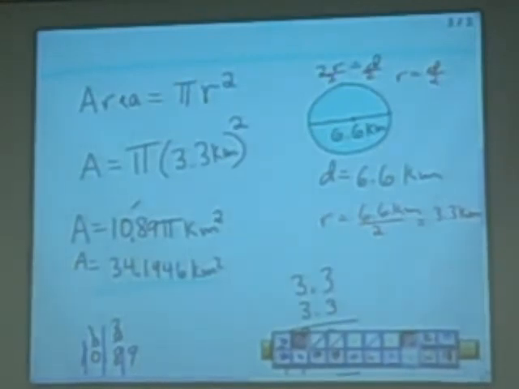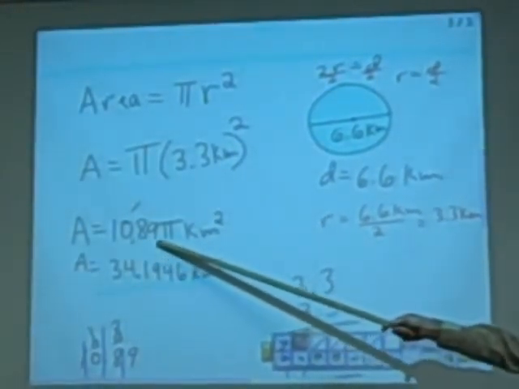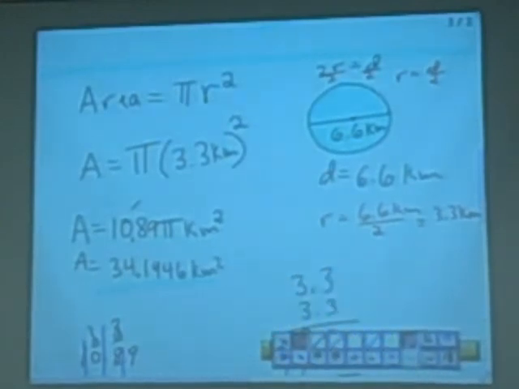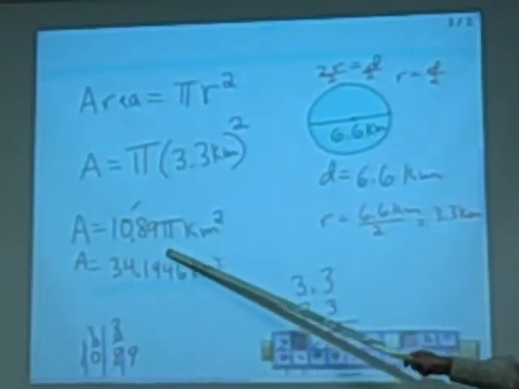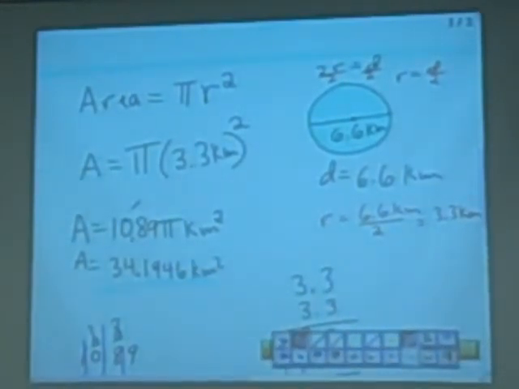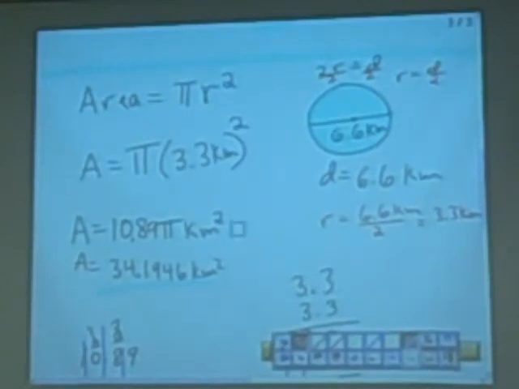We can't just put 10.89, punch in pi, hit our enter button, and get our answer, because we're not using calculators. So what we're doing here is 10.89 times 3.14. Okay, so we're replacing pi with 3.14, and that's what we got multiplied. Okay, 3.14 from. All right.